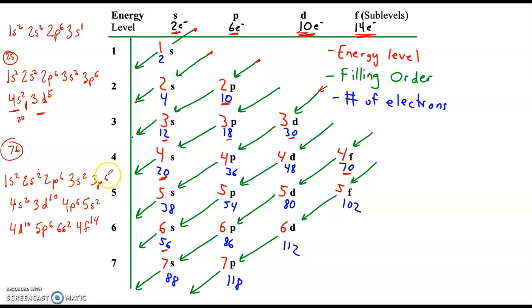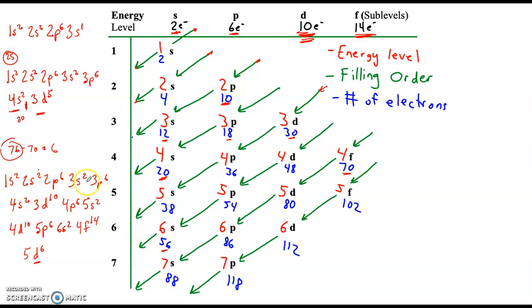Again, if I had added up all the numbers along the top, the superscripts, I'd have a total of 70 electrons. That means I have 6 remaining electrons. Those remaining electrons are going to get dumped into the 5d. So I go 5d6. Now double check, can a d sublevel hold 6? Yeah, it can hold 10, so it'll be fine holding 6.